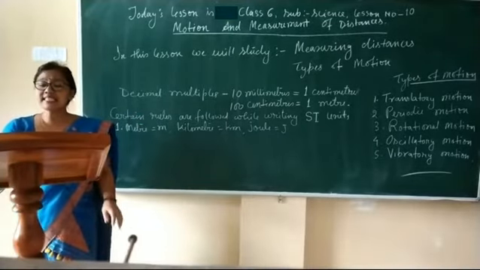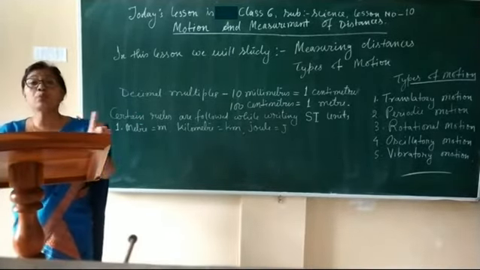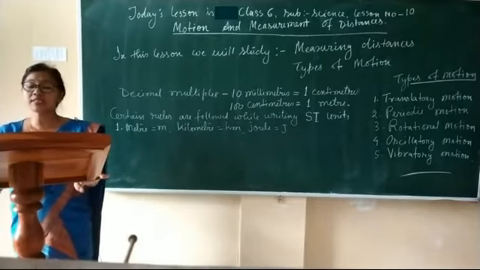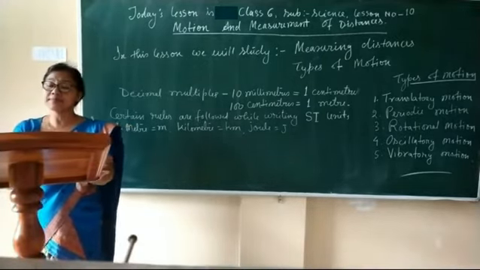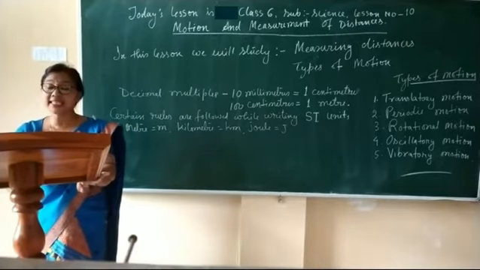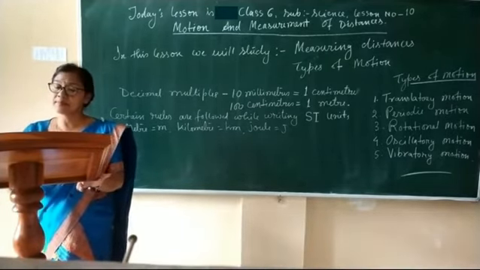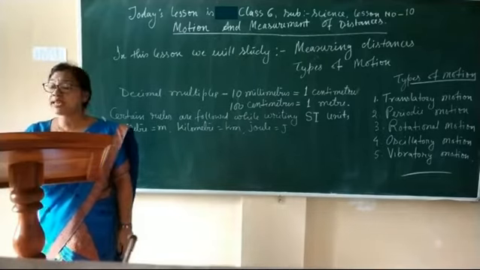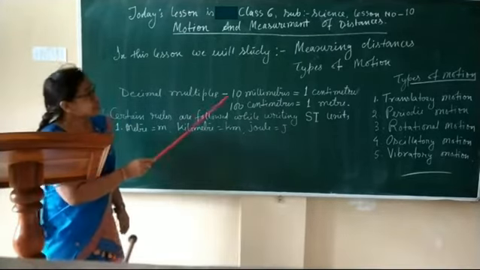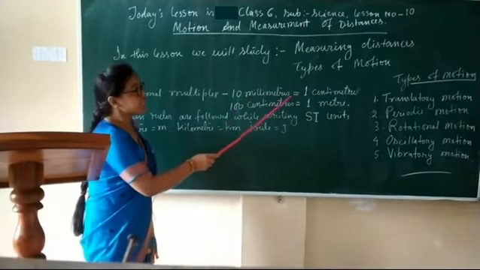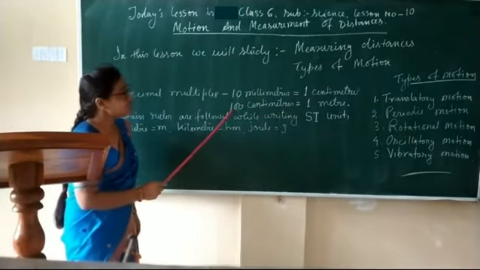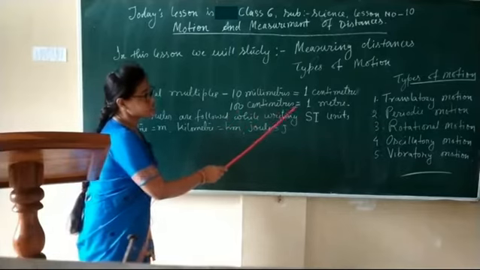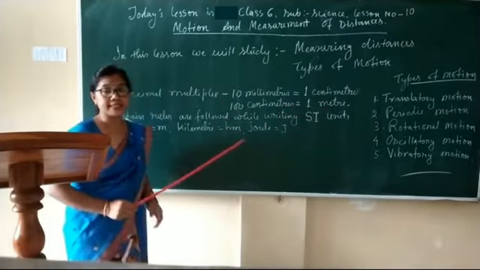Length is the distance between any 2 points. The SI unit for measuring length is the meter. It has several decimal multiples, such as 10 millimeters is equal to 1 centimeter, and 100 centimeters is equal to 1 meter.